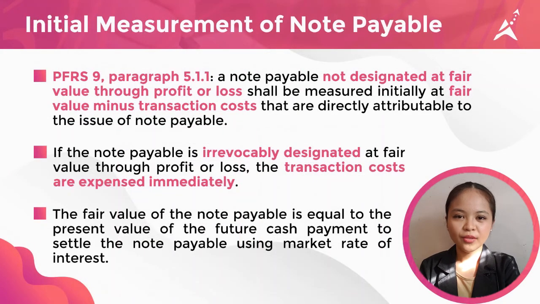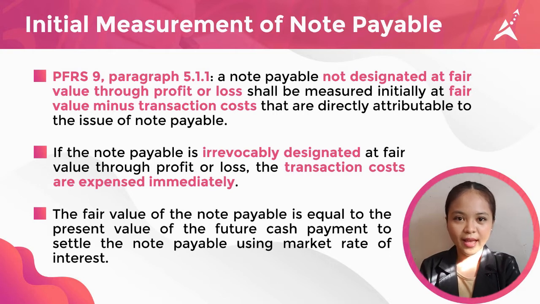Let's now move on to the initial measurement of note payable. Under PFRS 9, Paragraph 5.1.1, a note payable not designated at fair value through profit or loss shall be measured initially at fair value minus transaction costs that are directly attributable to the issue of note payable.